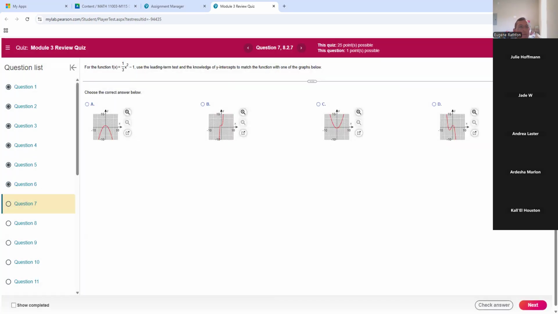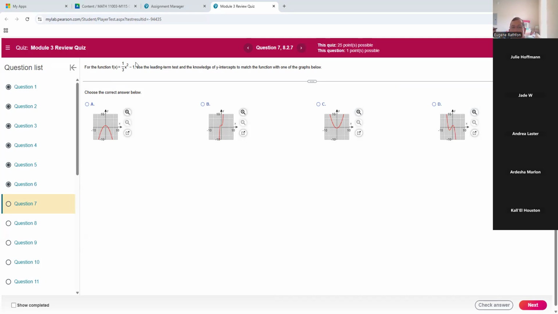All right, y'all, moving on. Number 7. All right, so this is basically going off our leading term test again. We got a 1/3 x squared. You got an even exponent of 2 and a positive lead coefficient. So this is going back to that end behavior chart, okay?